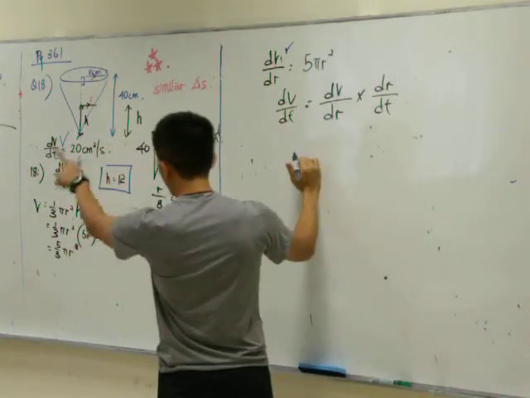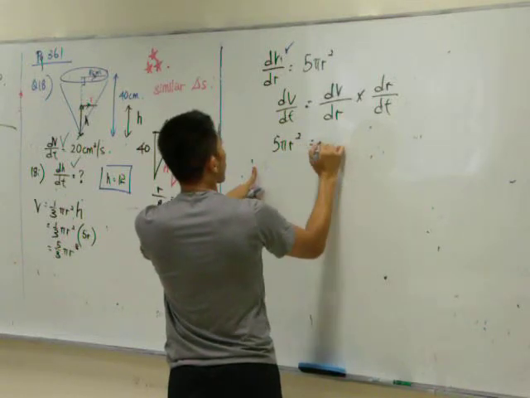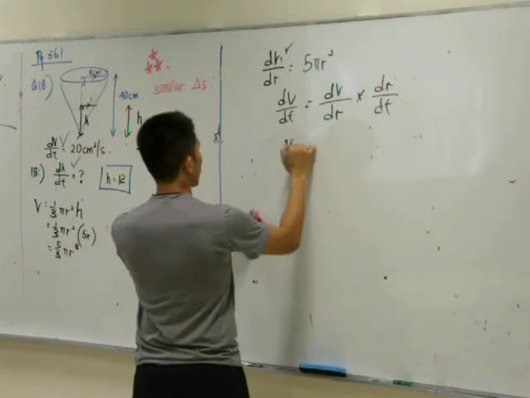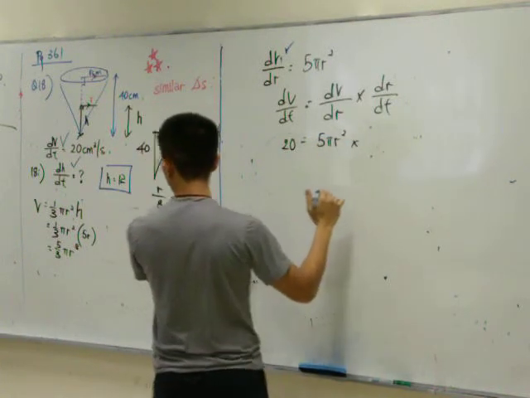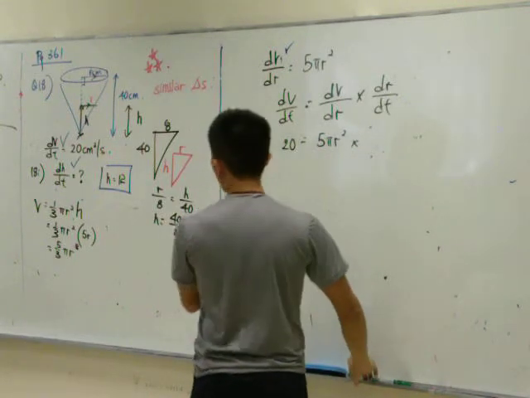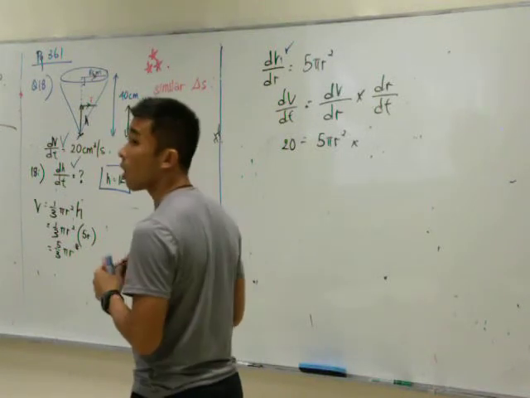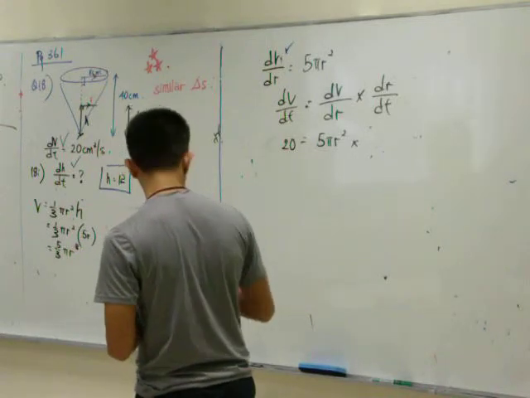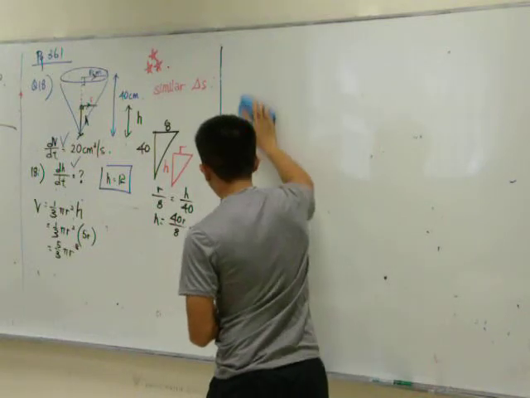dV/dt. Oh, I'm sorry. We cannot make use of dR/dt because, yeah, I'm sorry, I looked too fast already.